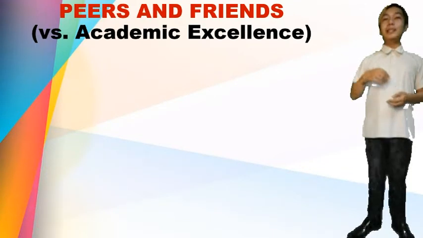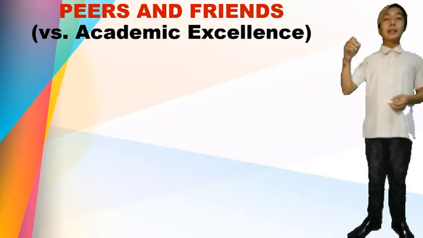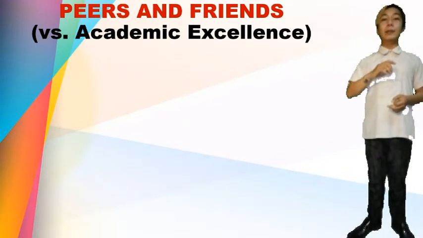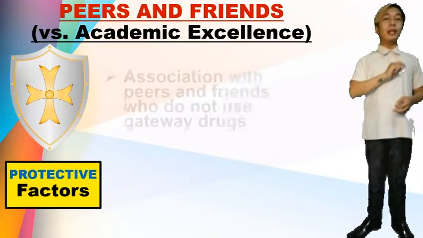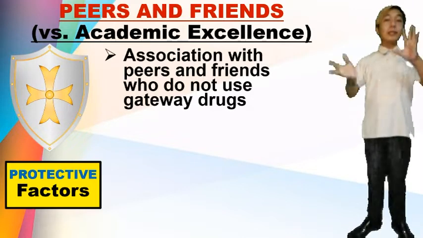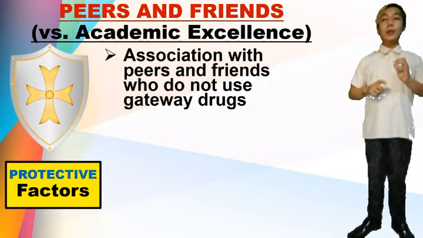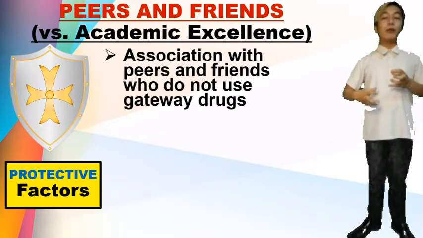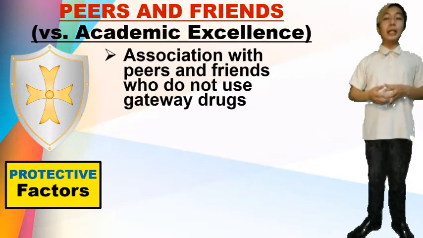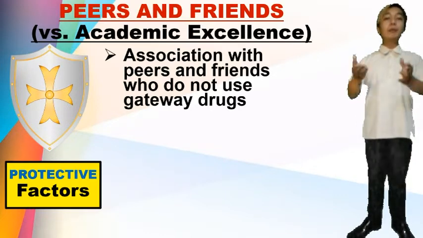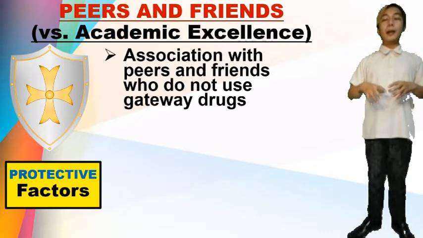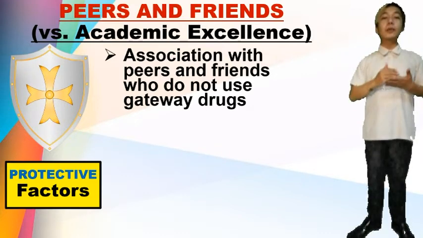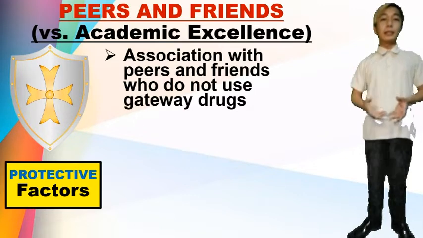Okay, so peers and friends versus academic excellence. So number one, association with peers and friends who do not use gateway drugs. That is the opposite of the previous one. So we need to properly select our friends. There's no problem in being friends, but you need to choose friends who will teach you how to be a good person.